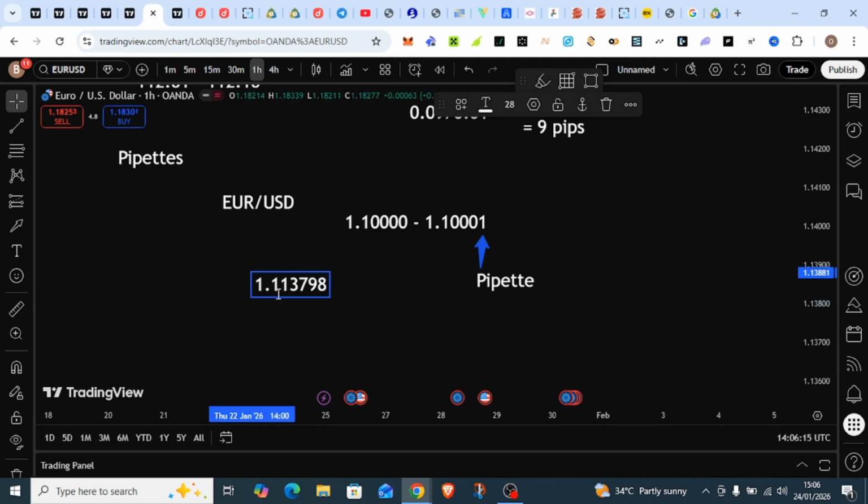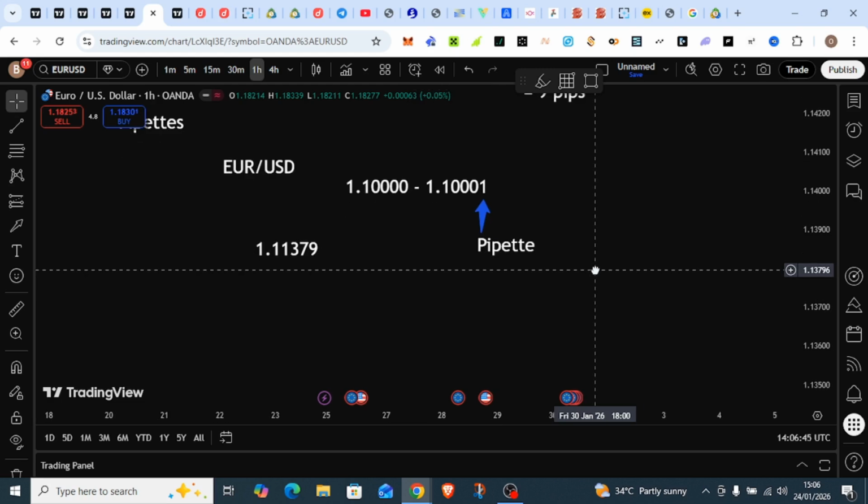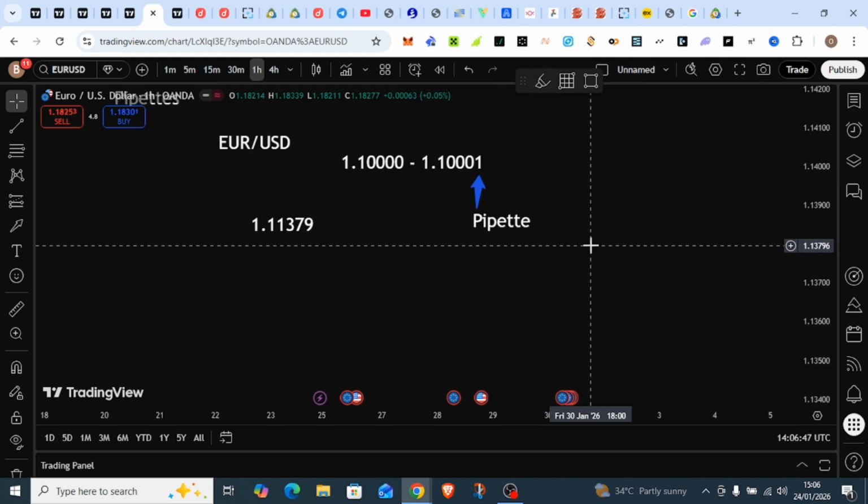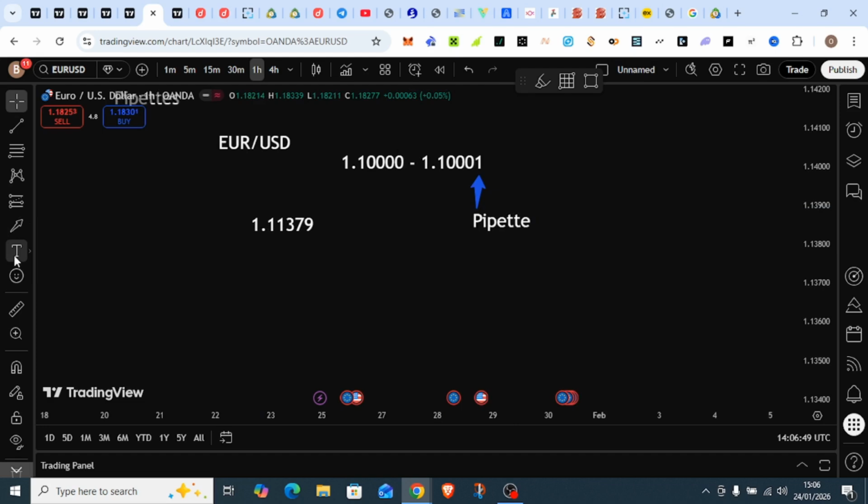You have 1, 2, 3, 4, 5. The 5th one is the pipettes. So you can see it at the 5th is the pipette. That's how some brokers quote prices.